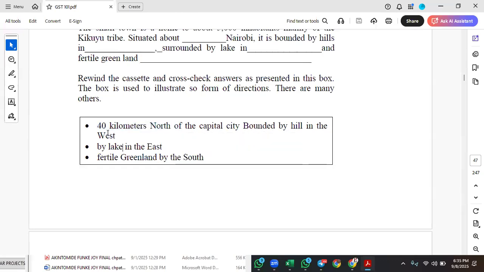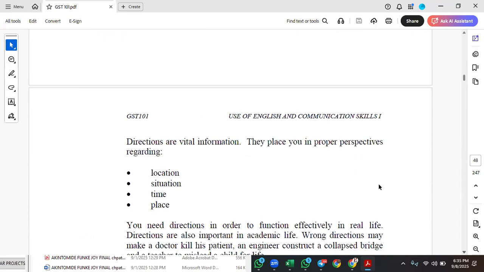So if I'm going to this place now, you've given me this direction, I will know when I get there. By lake in the east, fertile green land by the south. You know the cardinal points where we have the north, the south, east, and west. Once you hear the mentions of those cardinal points, you know that they are talking about direction.